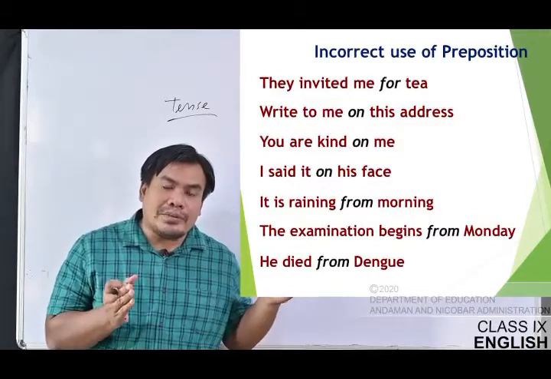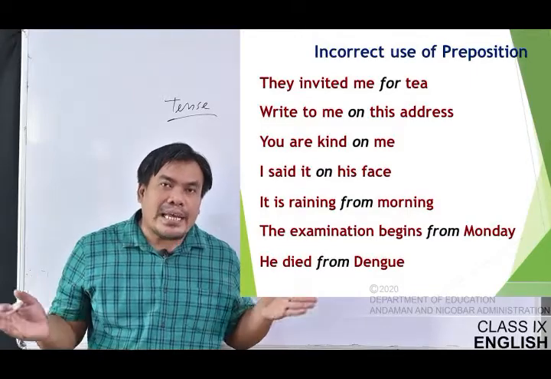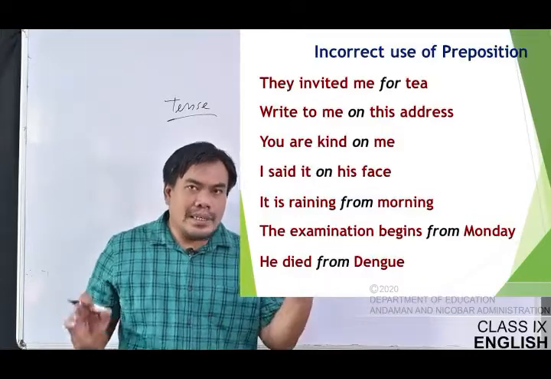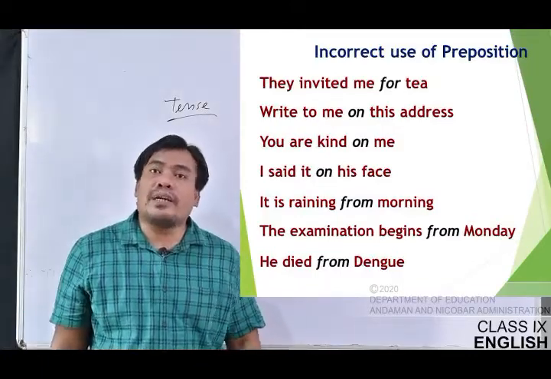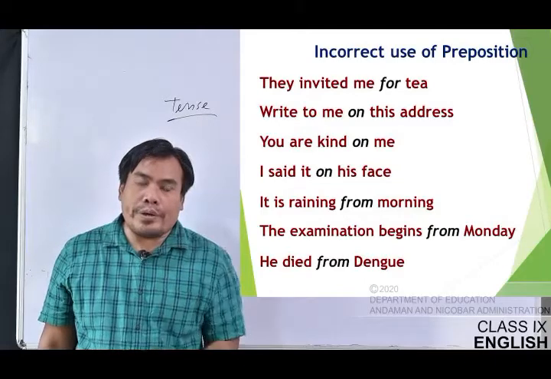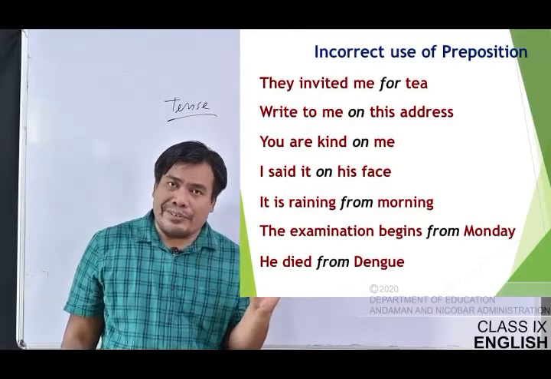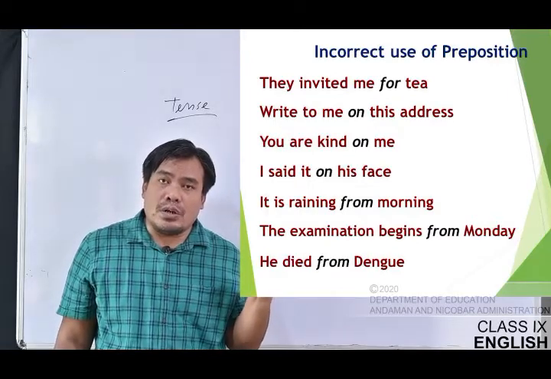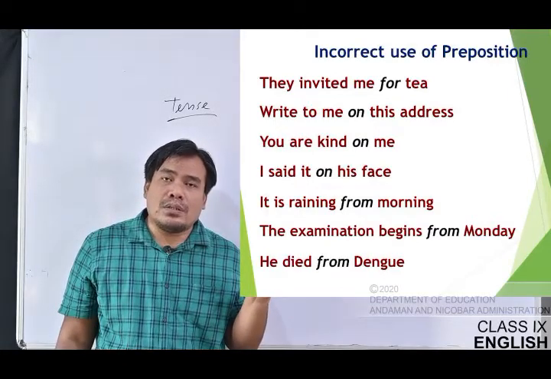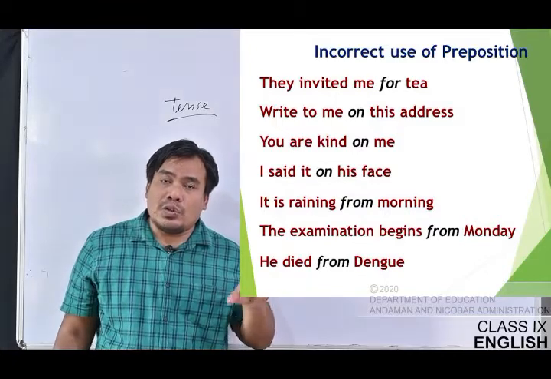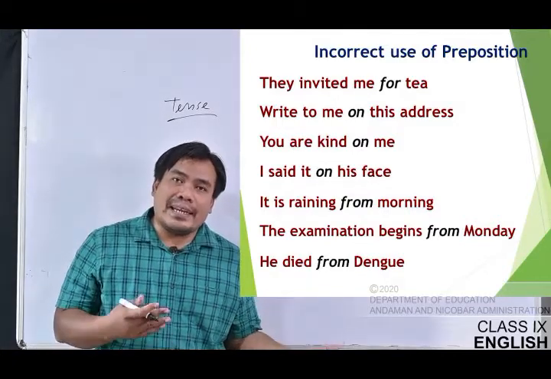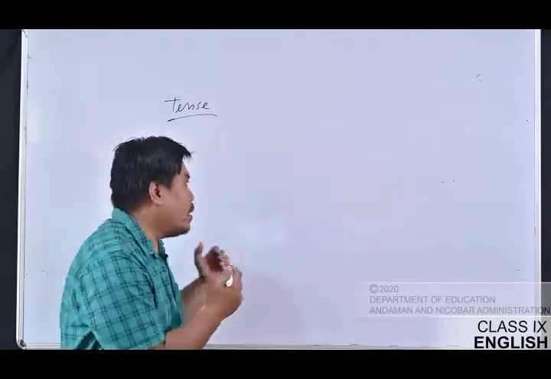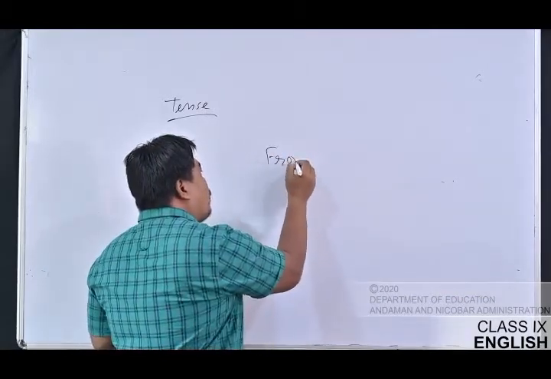That means he is trying to say that the entire examination will be starting from Monday, but that is incorrect. See, it's understood that the examination is going to be conducted on Monday. Note my point. It's very well understood that the examination is going to be conducted or organized or commenced on Monday. So why do you have to say that it will be starting from Monday? So that is again wrong here, the preposition from.